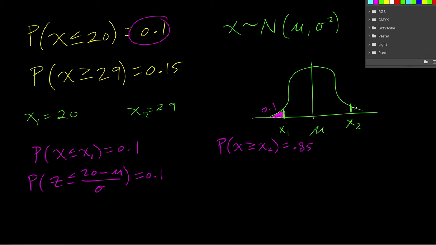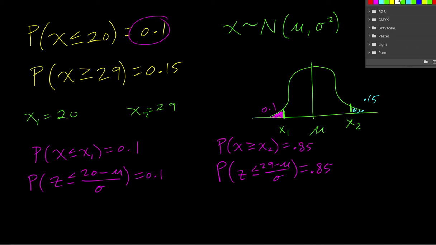But if right here is 0.15, that's above it. And so we would have 0.85 if we were to cover all of this area. Okay, so as we're doing that, we set up another z, and we use 29 this time. Okay, cool.